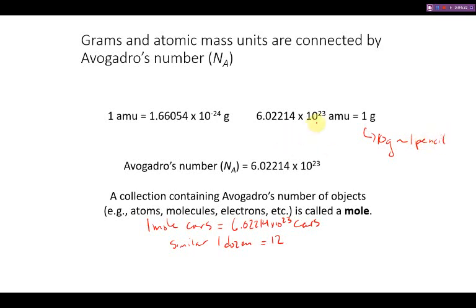So there would then be 6 times 10 to the 24 AMU in 1 pencil. And so this is very, very, very small scale, the AMU is. And this is more, think of it, the macroscopic scale, the world in which we live.